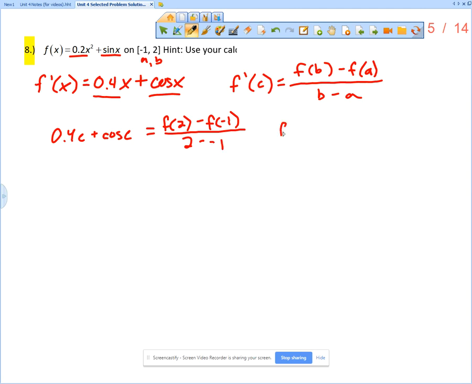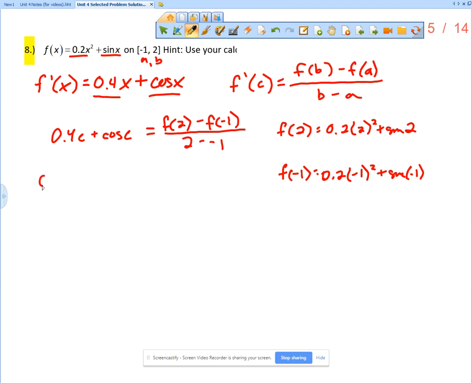On the side here, I'm going to determine what f of 2 is. That would be 0.2, sorry, not 0.4, 0.2 times 2 squared plus the sine of 2. F of -1 is going to be 0.2 times -1 squared plus the sine of -1.